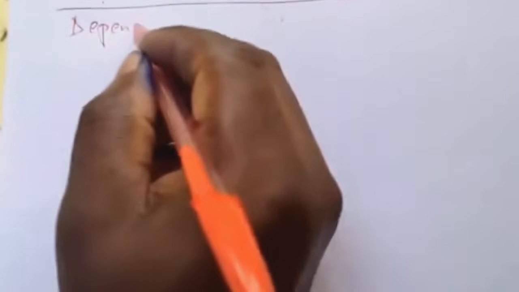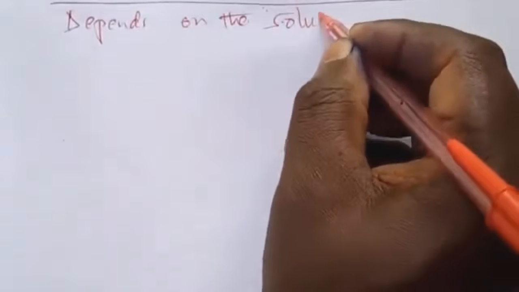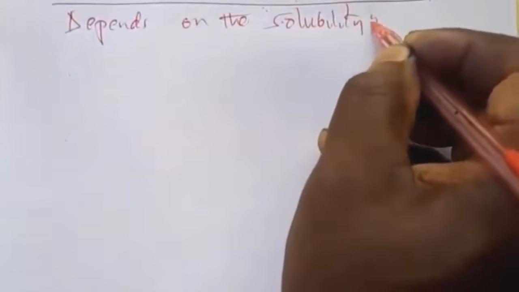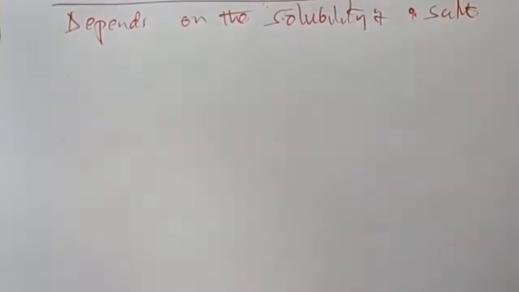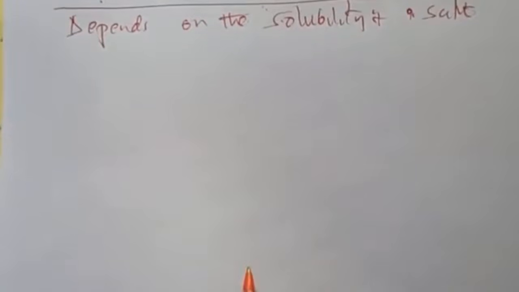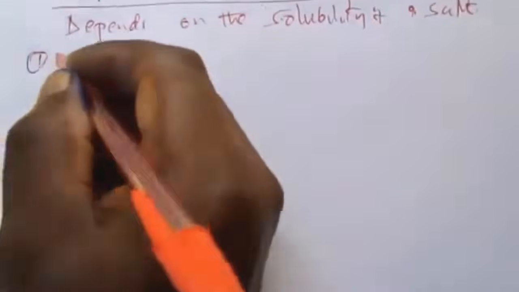Before you prepare a salt, you need to be aware: is the salt I'm told to prepare soluble or insoluble? So preparing a salt depends on the solubility of a salt. We have around 7 methods of preparing salts. I want to just mention them.